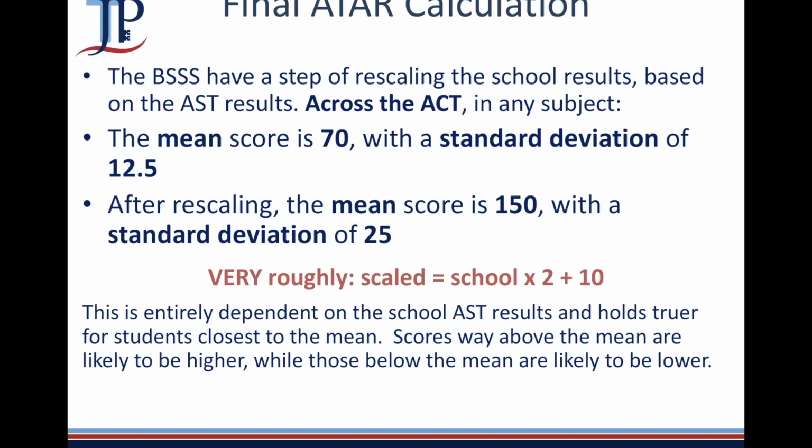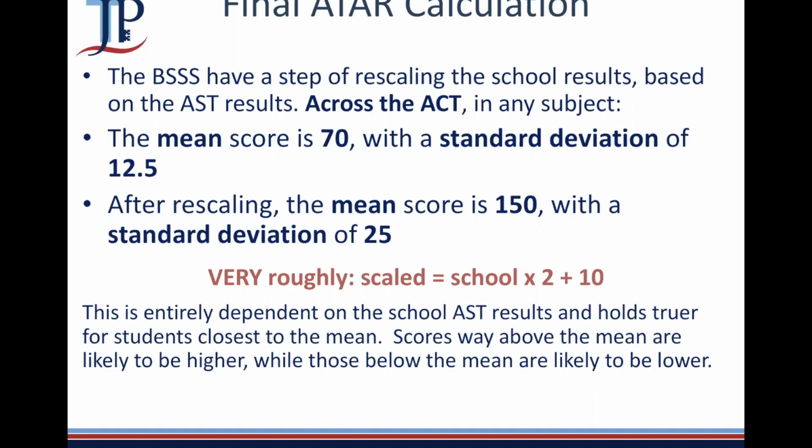So instead of making a scale out of 100, the BSSS rescale all those numbers. And instead of the mean being 70 and the standard deviation being 12.5, they turn it into 150, 25. So the average student in any subject would get 150, and then your standard deviations. 25 is 1 standard deviation, 50 would be 2 standard deviations.